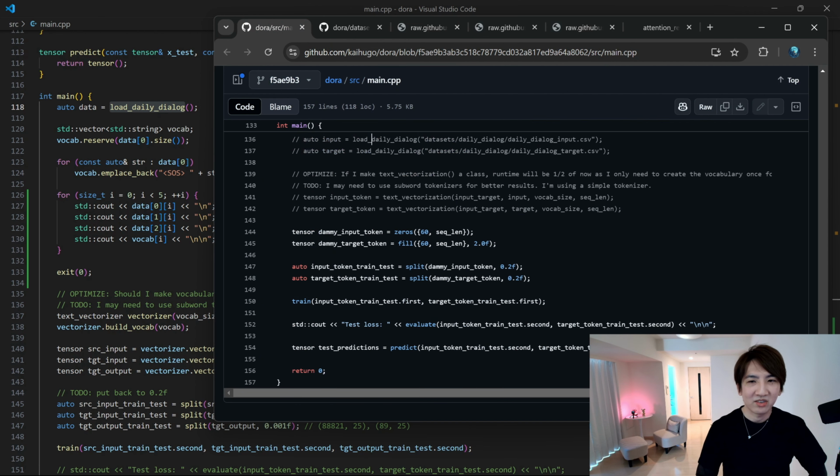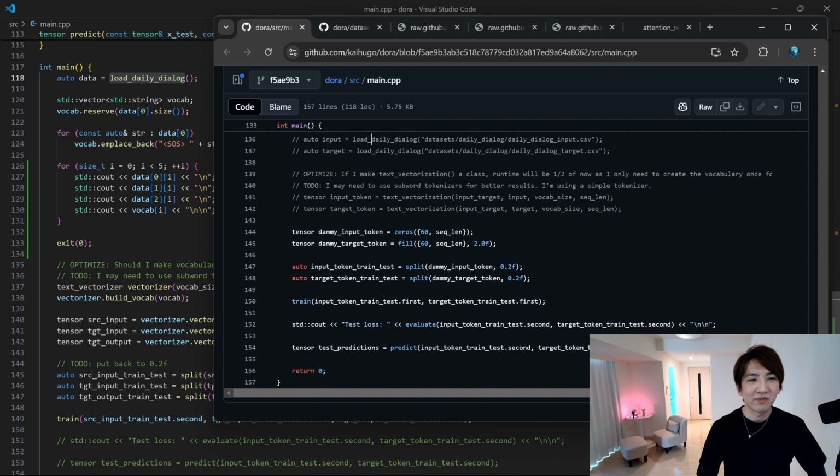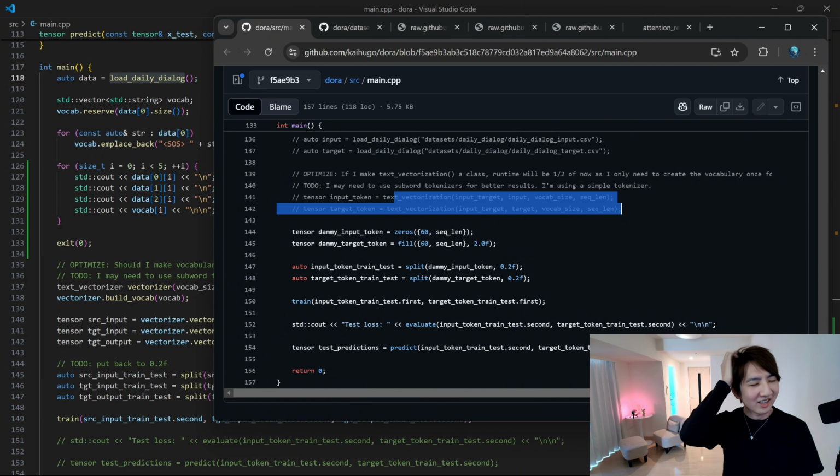And next, this is also an optimization. I was calling this text vectorization function twice, which means I was making the vocabulary twice, even though it's pretty common to only make the vocabulary once.